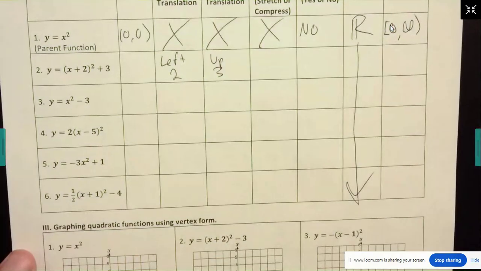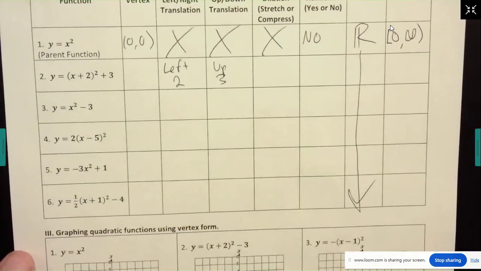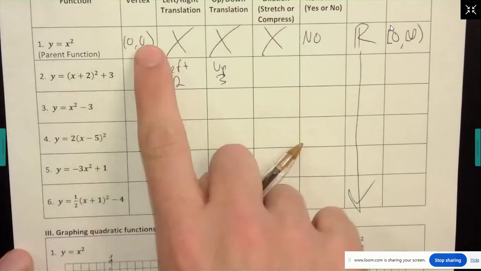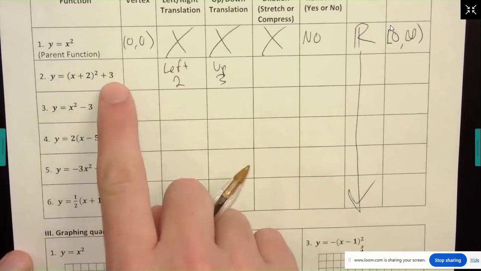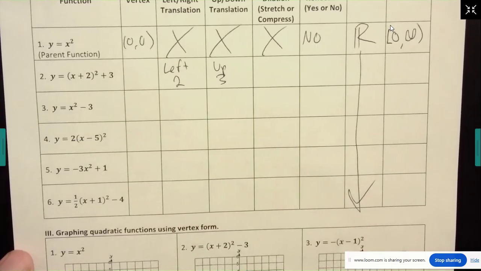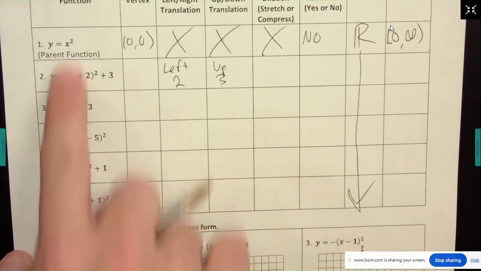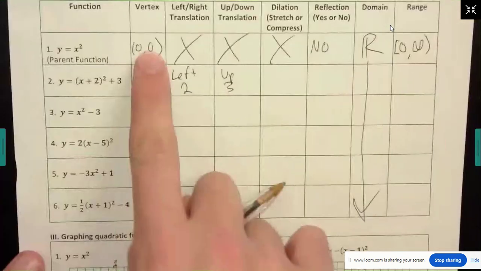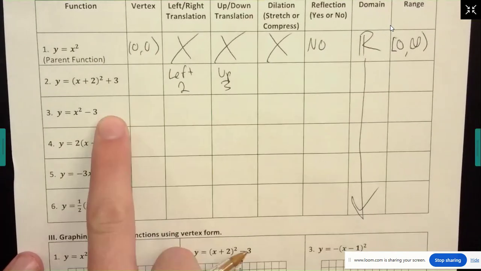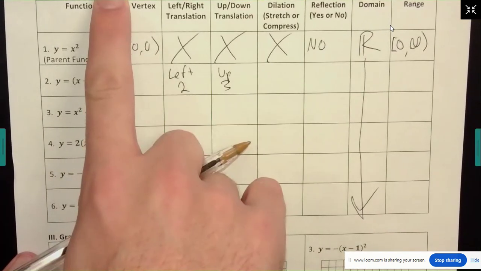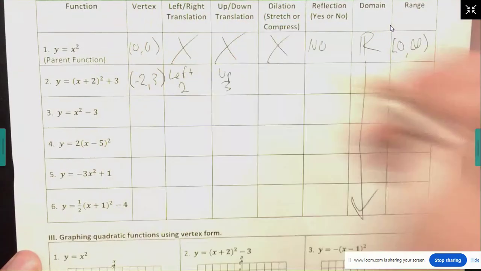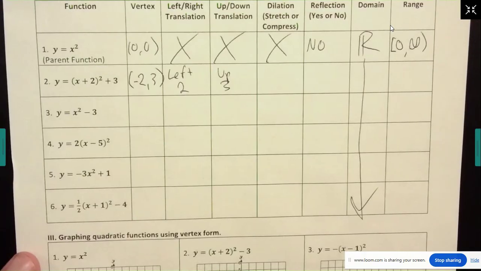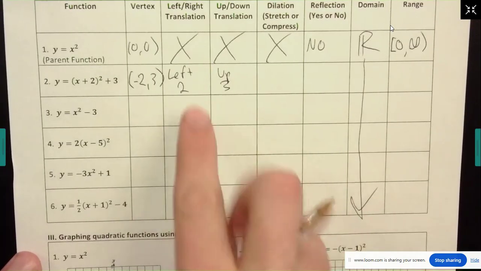So my parent function, like on my basic form up here, has a vertex at (0, 0). These numbers, the addition or subtraction, tell me where I'm moving that parent function. If we start at (0, 0), I move it left 2, I move it up 3. Well, I have a vertex of (-2, 3). So start at (0, 0); these will tell you where you're going to be moving it.